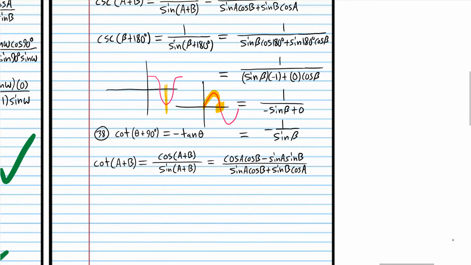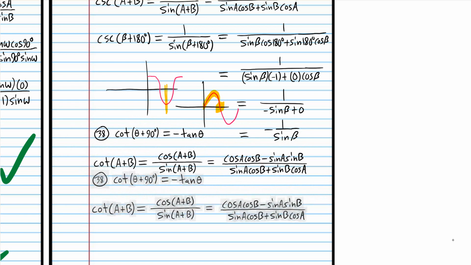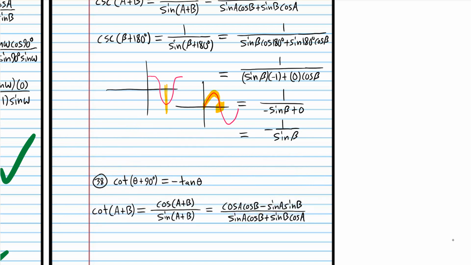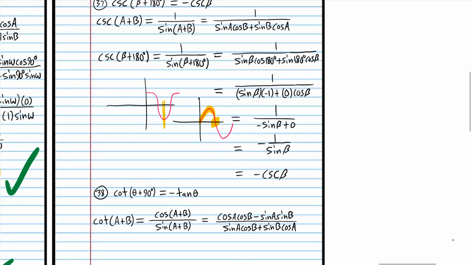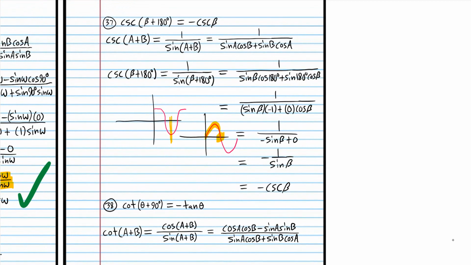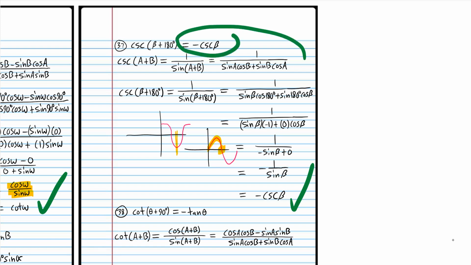And let me find some more room here. Sorry, this is scrunched in like that. And we can use a reciprocal identity that now becomes negative cosecant beta. So we proved that that identity is true, and let's say we forgot that cosecant of beta plus 180 is negative cosecant beta.